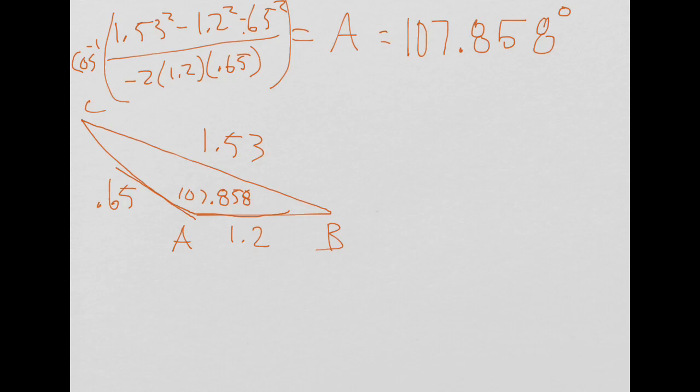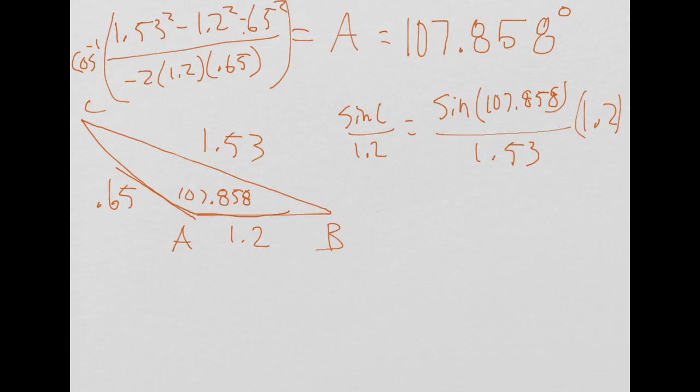So now that we have one side length and an opposite angle, we can use law of sines. So let's use law of sines to find angle C. Sine of C divided by the opposite side, which is 1.2, equals the sine of angle A, which we just found, 107.858, divided by 1.53. So multiply by 1.2 on both sides.